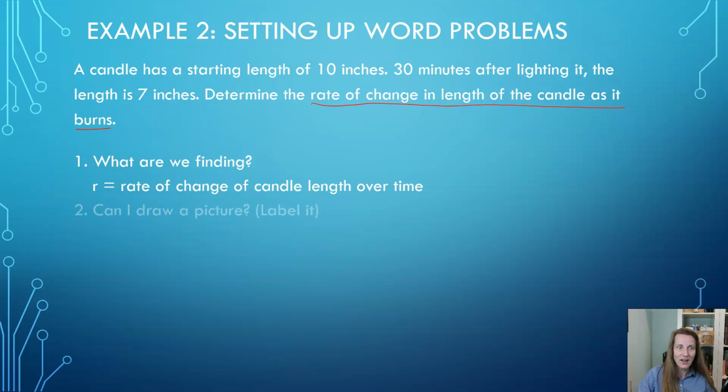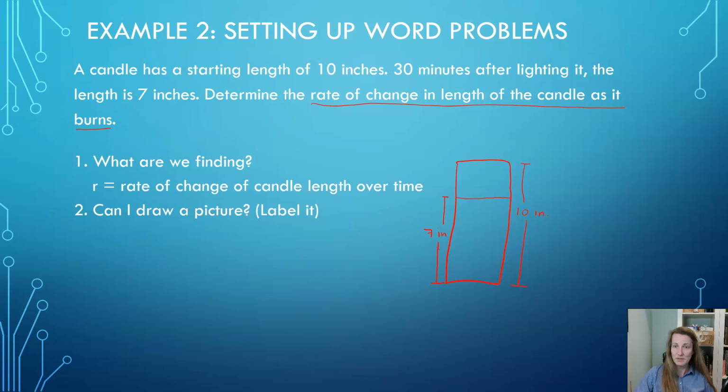That tells us a lot. Can I draw a picture? If so, label it. Well, sure. Let's draw our candle. Okay, we have a candle. My candle's not exactly square, but you get the idea. I know that it starts out at 10 inches. So it's 10 inches tall. And I also know that after 30 minutes, it becomes 7 inches.